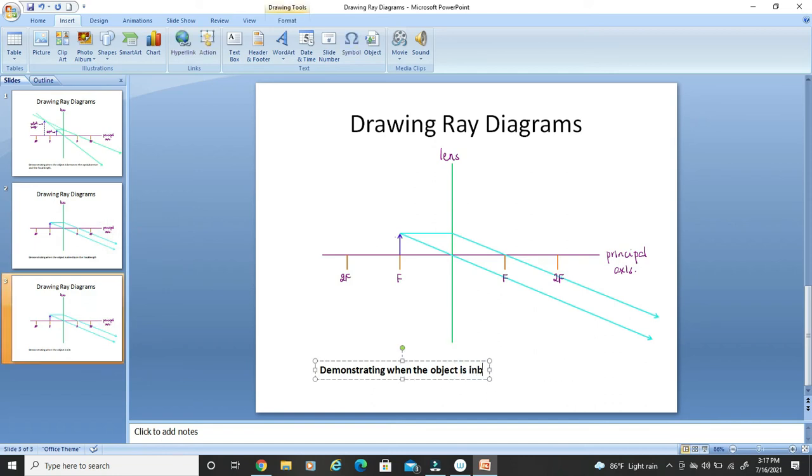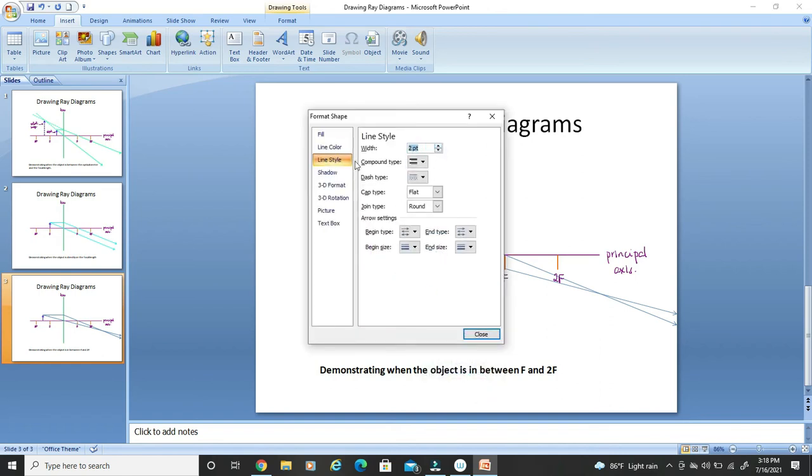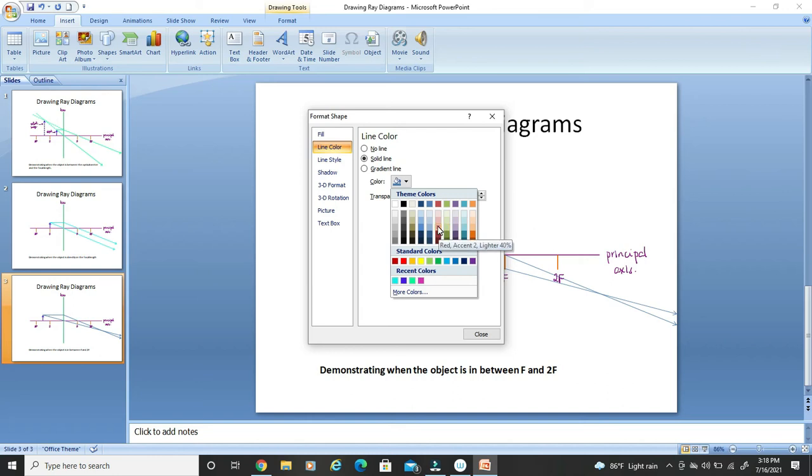Our next diagram, we're going to place the object between the focal point and twice the focal length. Right. So we're going to draw the first ray again from the top of the object and diagonally through the focal point. And the second ray will pass from the top of the object through the optical center. And voila! We have an intersection happening there.